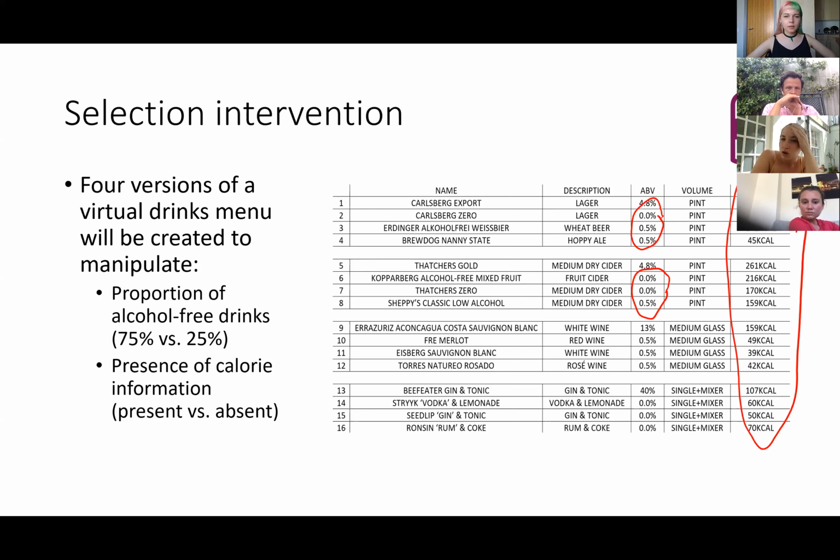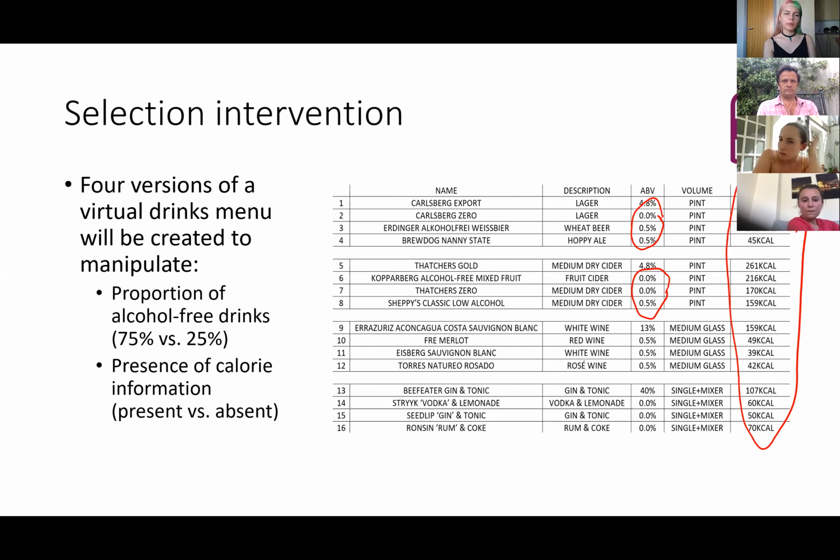Yeah. Just wondering if there might be some kind of effects there, because you've got quite a large menu, whereas some places you go, like a festival, there might be fewer options anyway, and if the lowest calorie option was an alcohol-free one, then you might go for that. So I just wondered if it was something that you had considered or might consider. No, for some reason we haven't considered it.